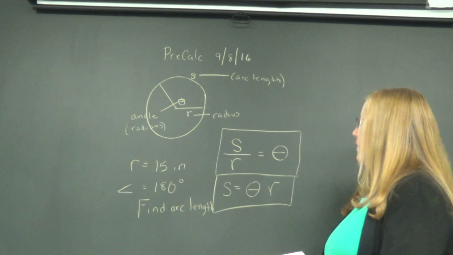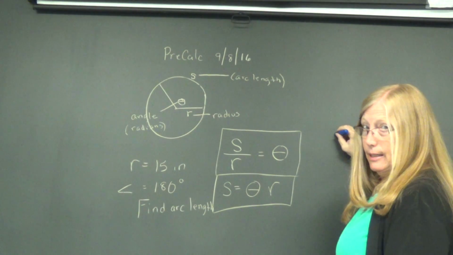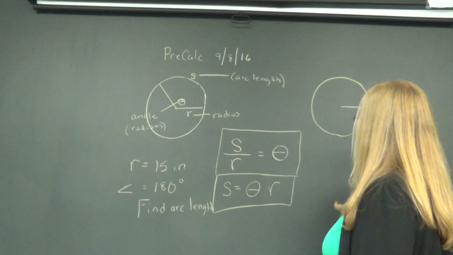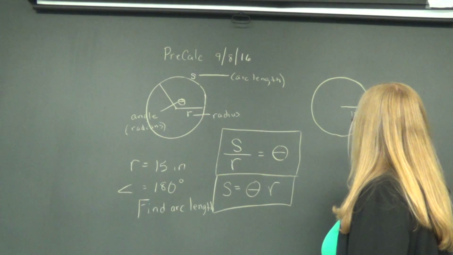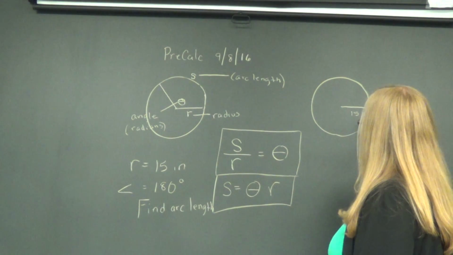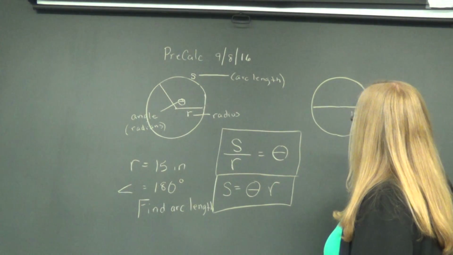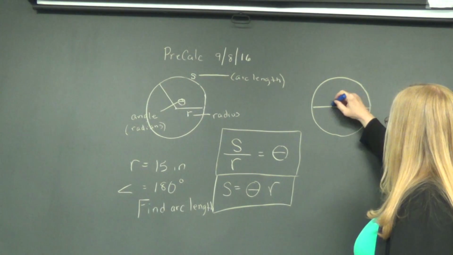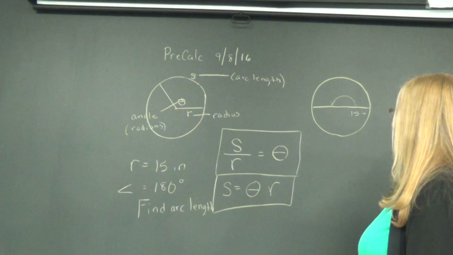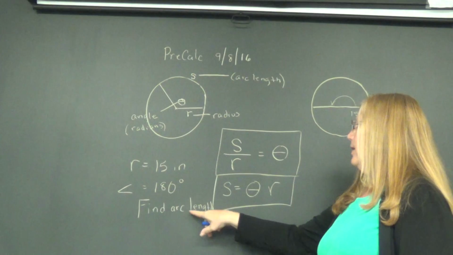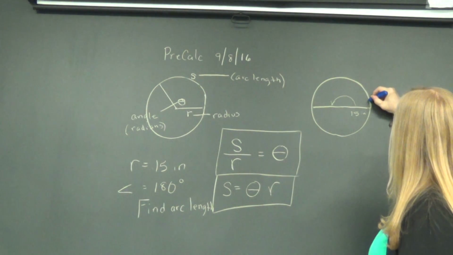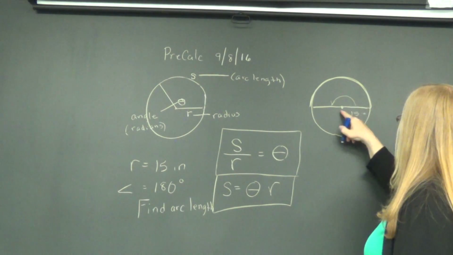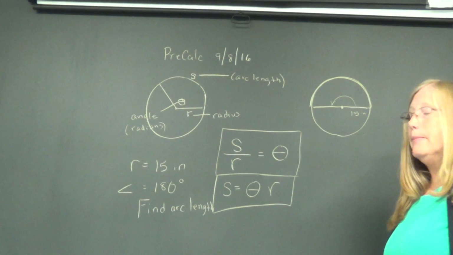I'm going to draw a picture of that. This is the radius, 15 inches, and I can draw a 180-degree angle. It is a straight angle, and it starts here and ends here. I'm going to use this formula to find arc length. How far is it from here to here, given that the radius is 15?